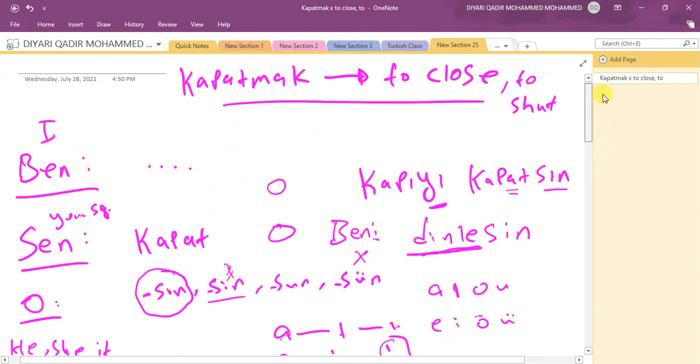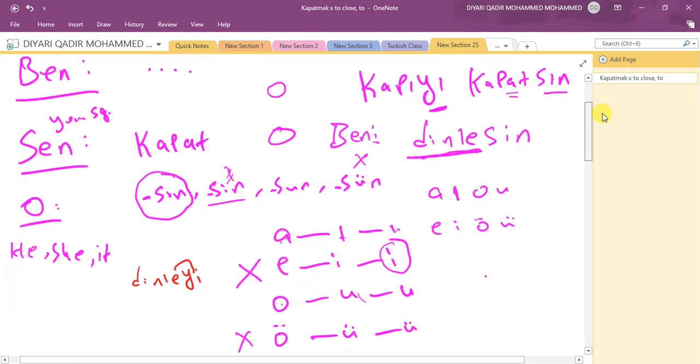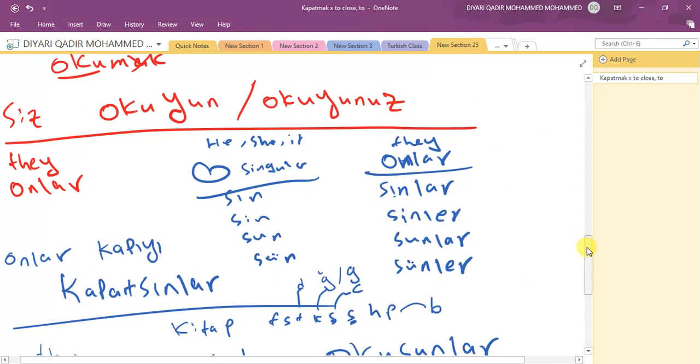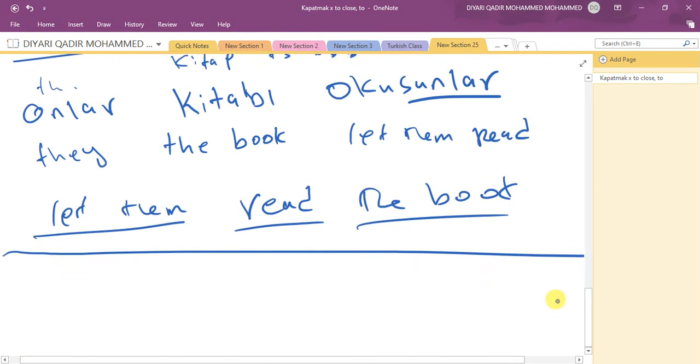I hope you got some information, and please revise these notes very well. Please do some more exercises, not just about oku or kapat. For example, göster. Göster means show. Please make this format for göster. This is very easy.